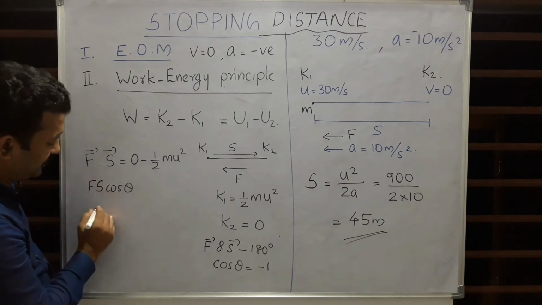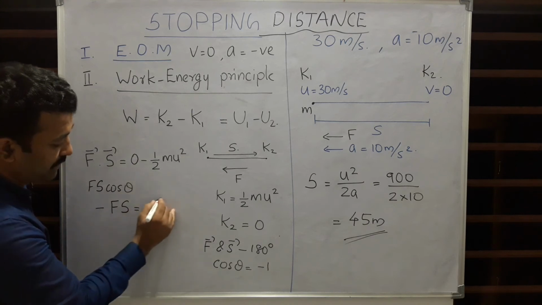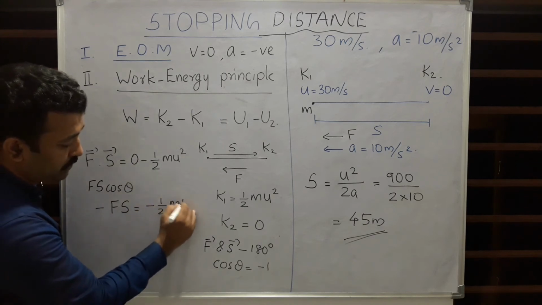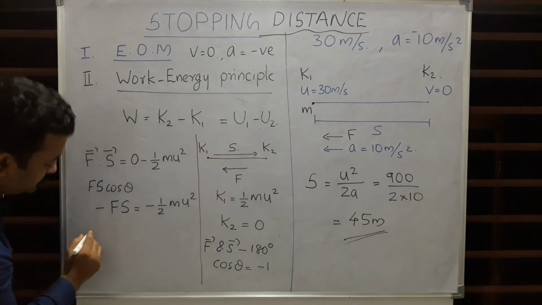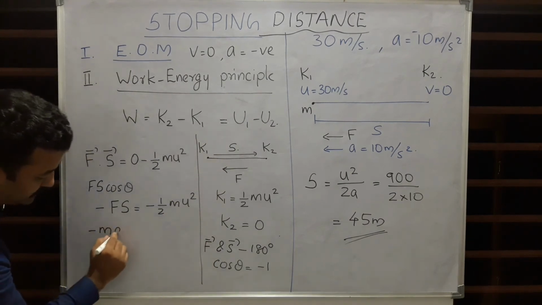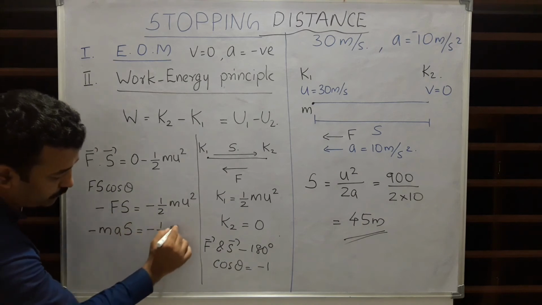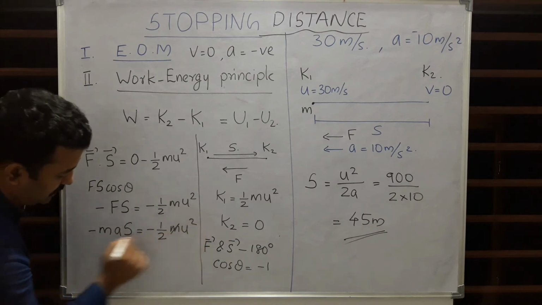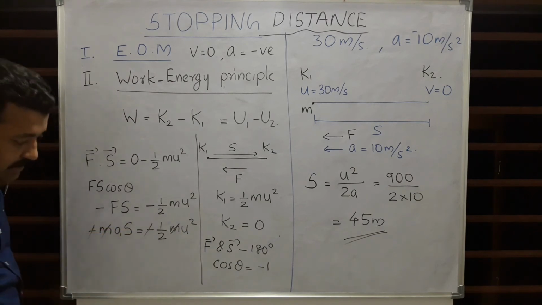So the left hand side becomes minus Fs, which is equal to minus half mu square. What is force? Force is mass into acceleration, which is equal to minus half mu square. M and m gets cancelled. Negative and negative cancels.